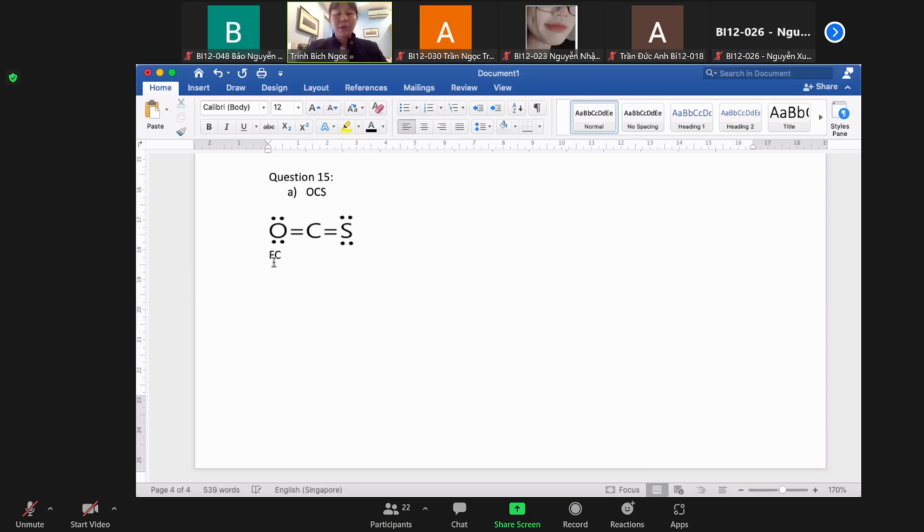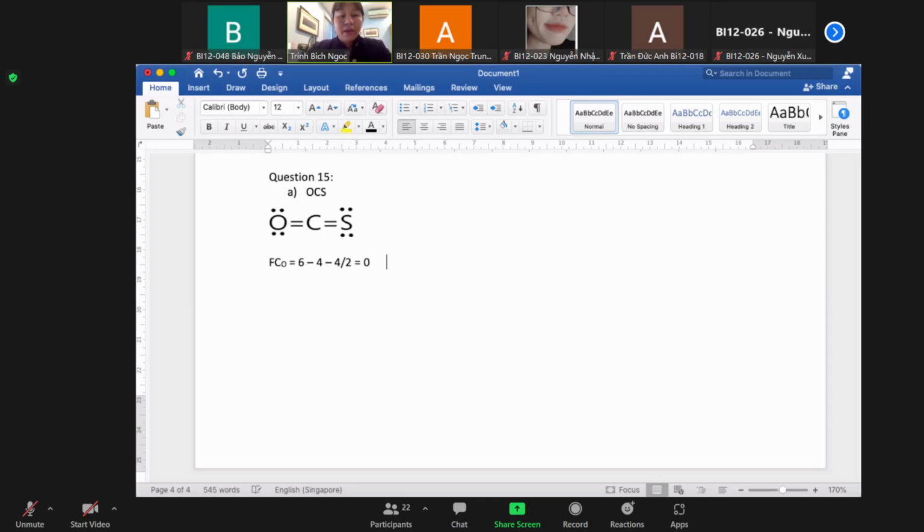The formal charge of oxygen is 0, because the valence electrons are 6, minus 4 nonbonding electrons, minus 4 divided by 2, and it will be 0.